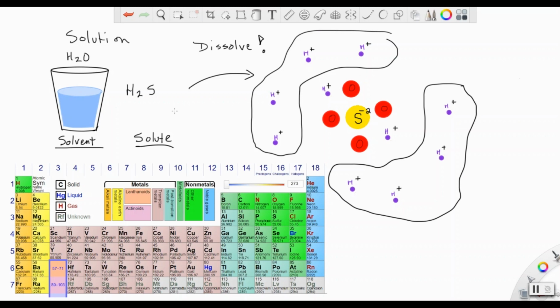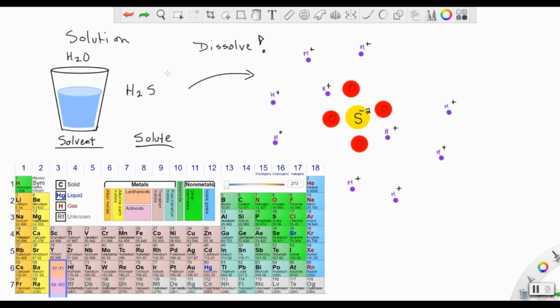Essentially, those are protons, right? So there's all these protons just flying around in the water. And what this does is putting hydrogen sulfide into our water increases the potential for hydrogen, or the pH.